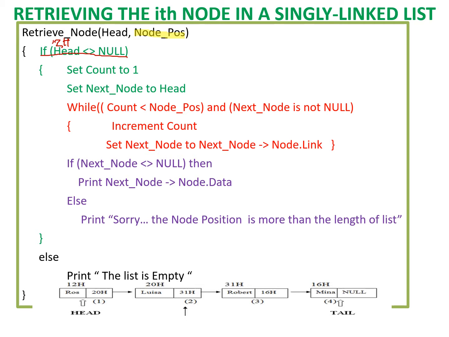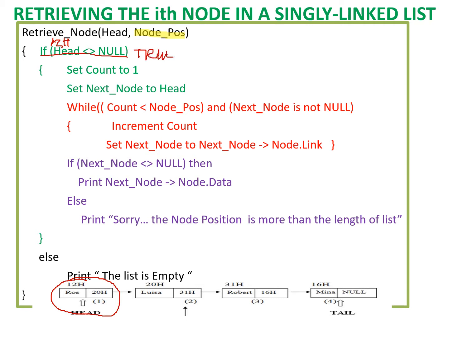However, in our given example, the address of our head is 12H. Is 12H not equal to null? True, because it has an element.